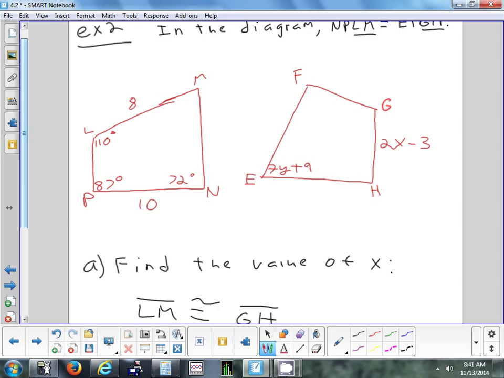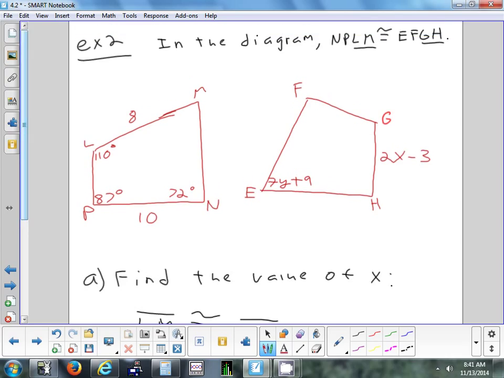It's where N is. Oh, okay, yeah, that was going to be my next question. So E and N are corresponding angles. Yeah. So E, that's where the y is. So find the corresponding angle in the other shape. First letter, first letter. Okay, so E and N are corresponding angles.